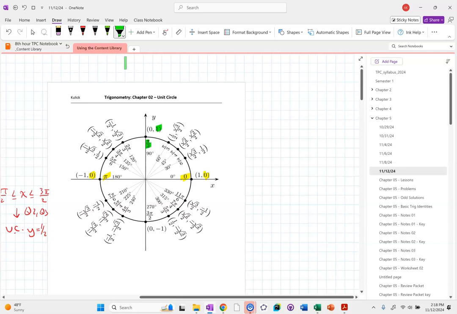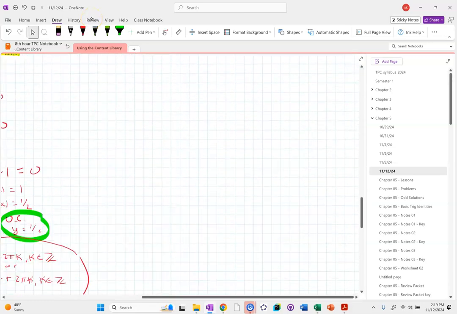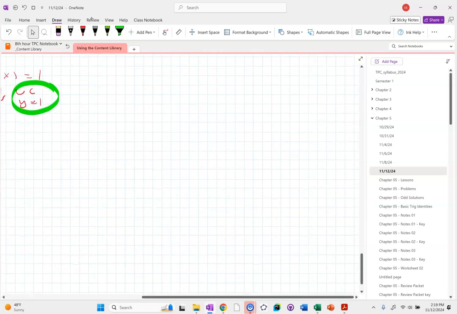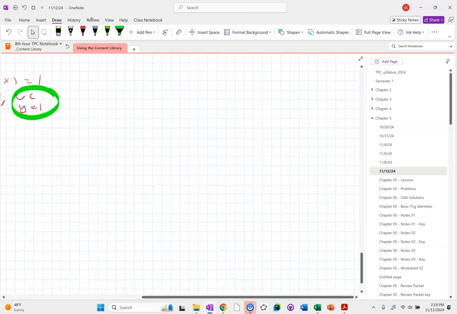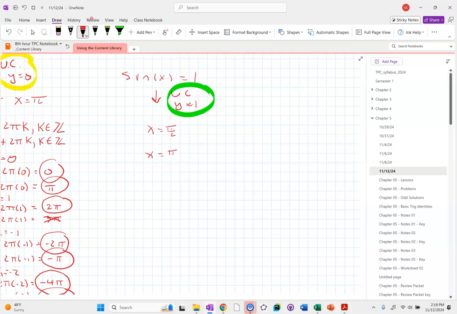Oops, there's 1 at pi over 2. That's the only y that's 1. Oh, thank goodness, Mr. Kulik. So we can say x equals pi over 2, but we're going to write that as an infinite solution.